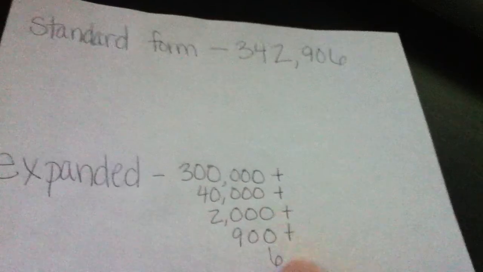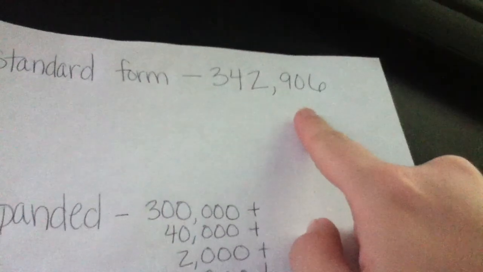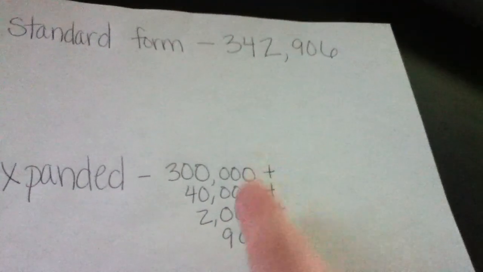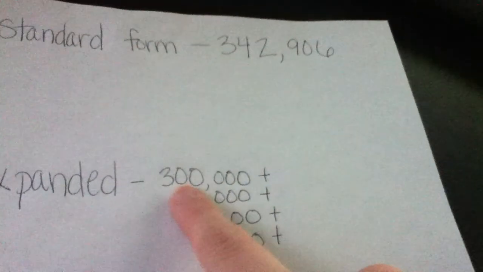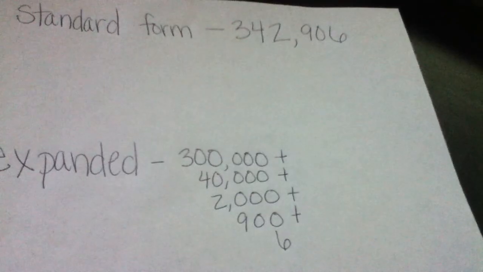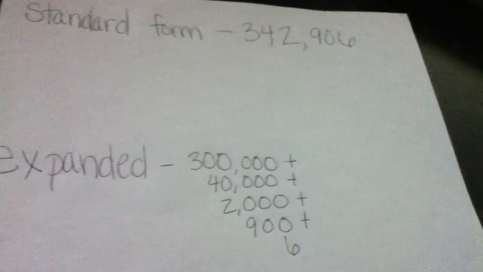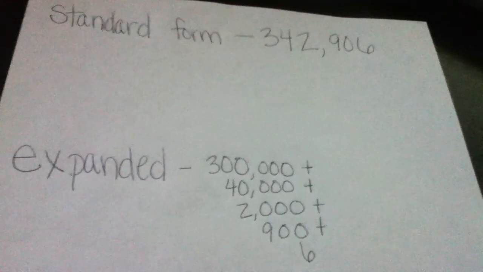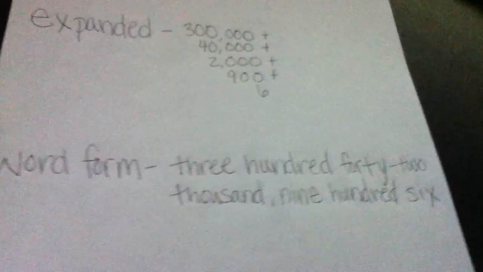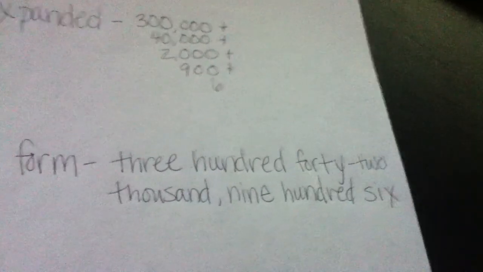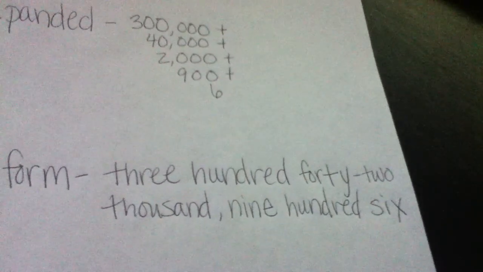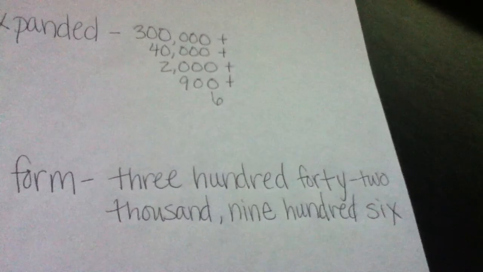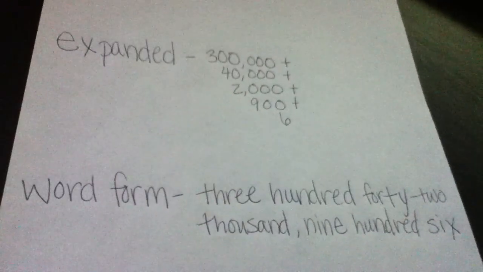And this is going to add up to give us this number. And so we just looked at each one of those digits in their worth, and we expanded it out. And you can see how that's pretty long and lengthy for our kiddos. Okay, our last form is word form, and this is a form that they just need practice writing and learning how to just take the time and make sure that they get all of those digits in there.